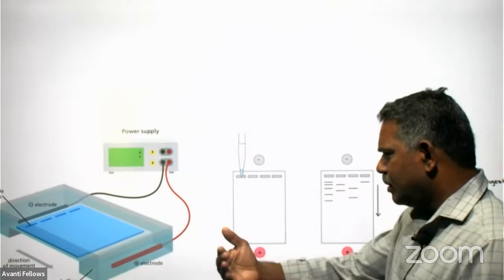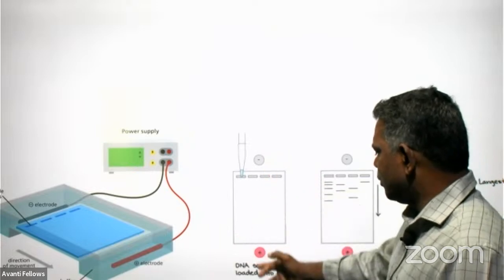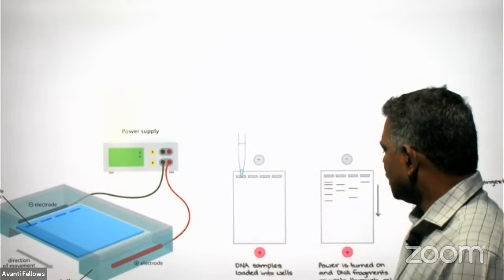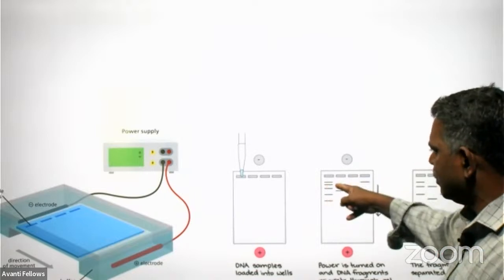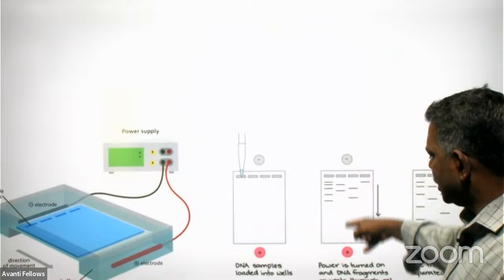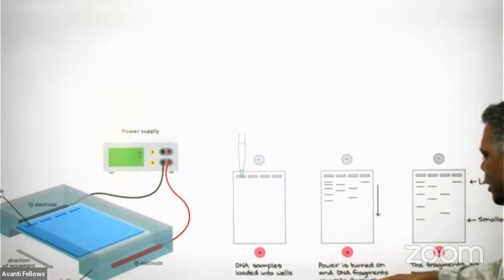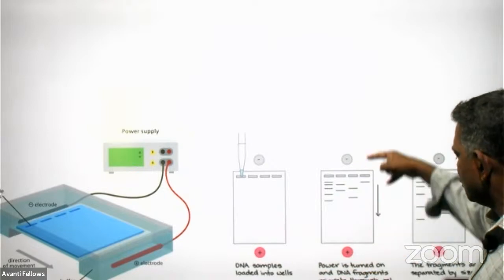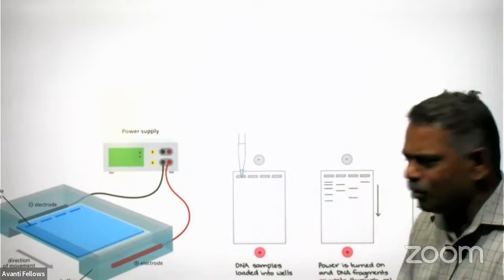And the movement of this DNA fragment from the negative to the positive depends on the size of the fragments. So it starts moving through the agarose gel, from the negative side to the positive side, whenever the power is turned on. The agarose gel provides a medium for the movement.